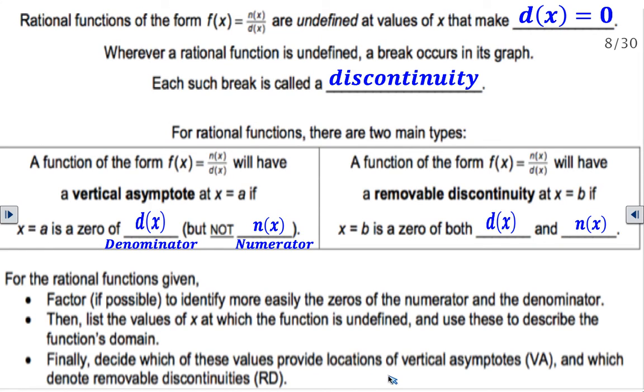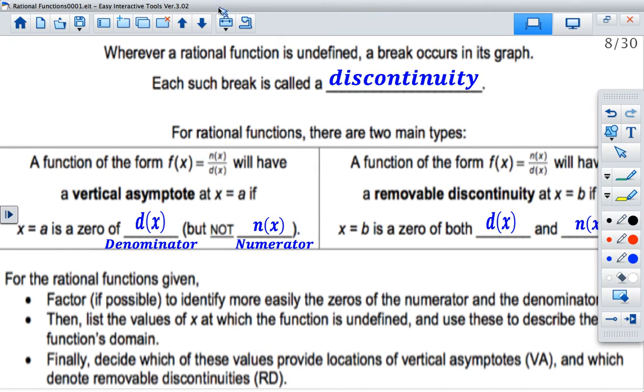These instructions here, I forgot to cut them off of your notes. They were part of last year's worksheets, but it does kind of explain how you're going to find your zeros in the denominator and the numerator, and how to find the location of your vertical asymptote and removable discontinuity. Okay, so let's just briefly go through them.